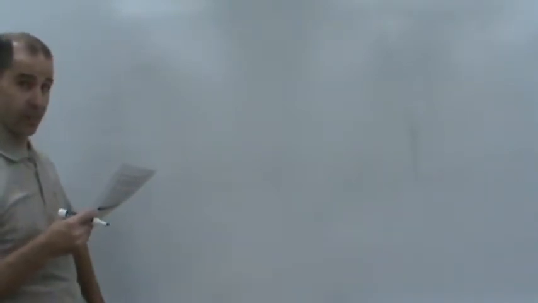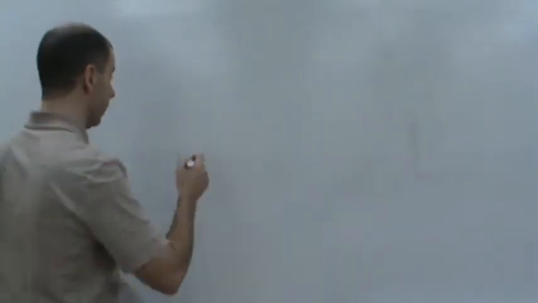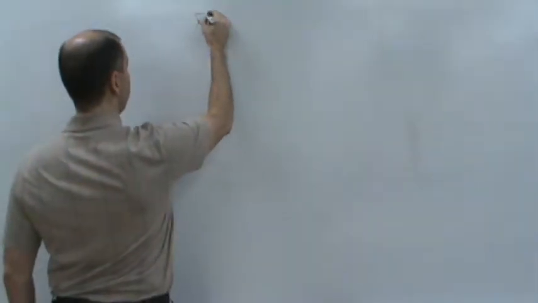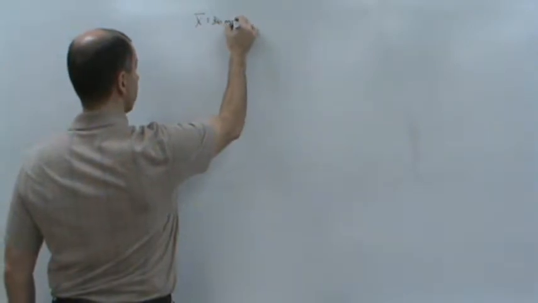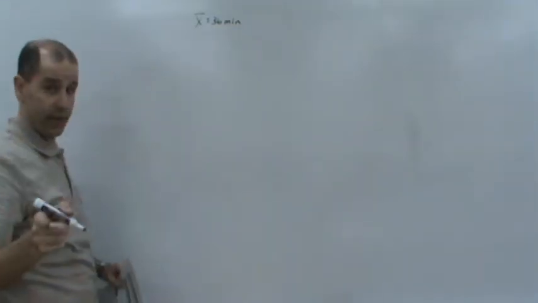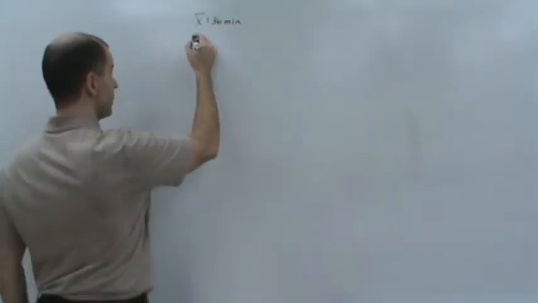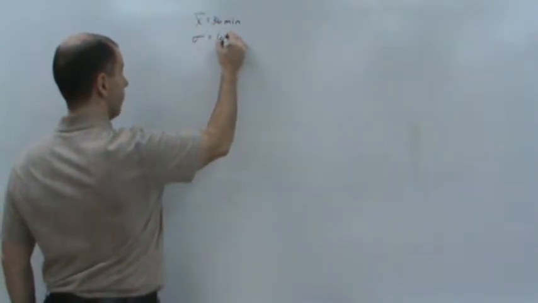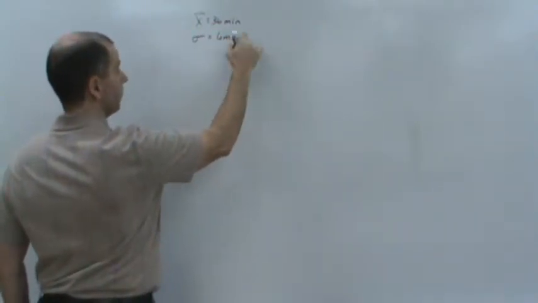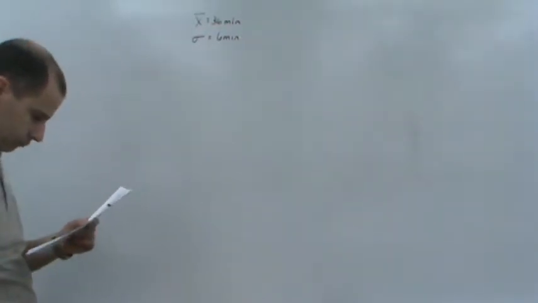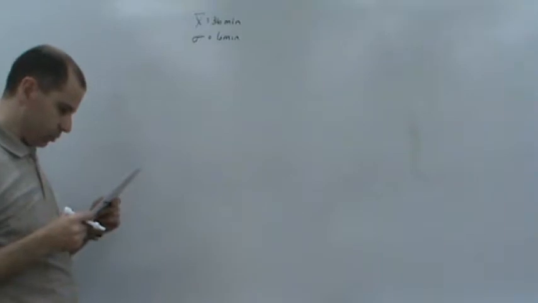Well, the sample of 28 pizza delivery restaurants is taken, and the mean delivery time for those 28 restaurants is 36 minutes. So x bar is 36 minutes. They also tell us that the standard deviation for all delivery times is 6 minutes, so sigma is 6 minutes.